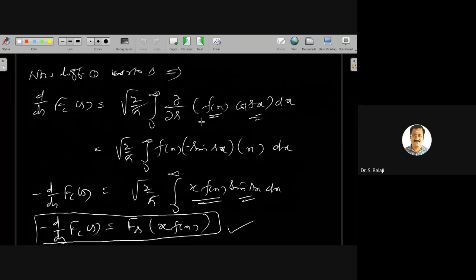Now, differentiation with respect to s partially: there is no s in f of x, but there is s in cos sx, whose derivative is minus sin sx into x.